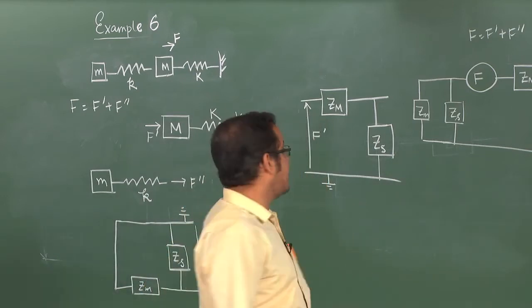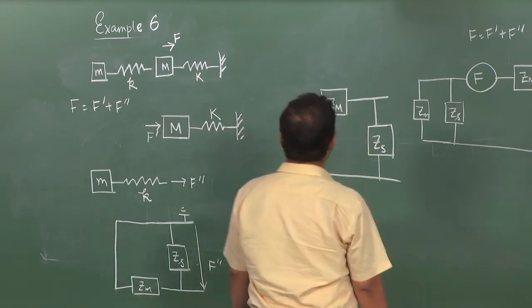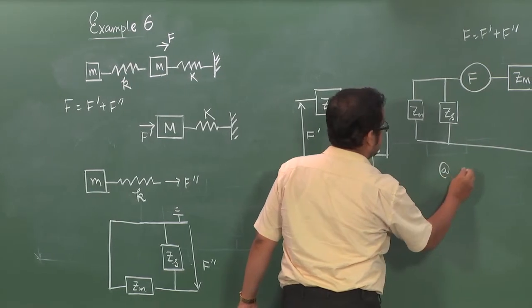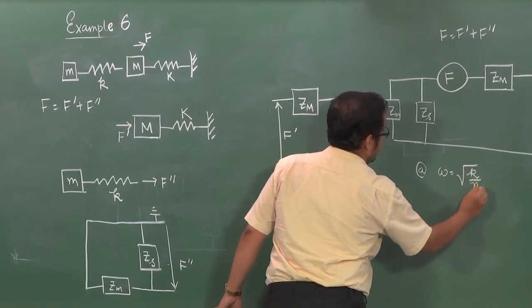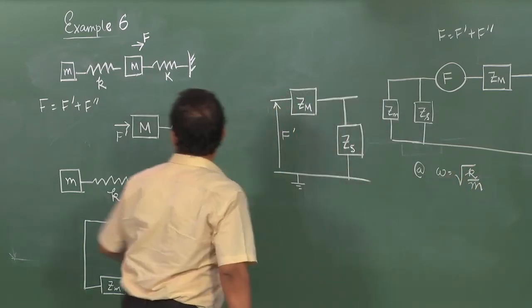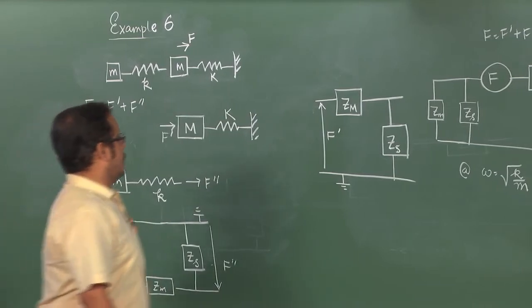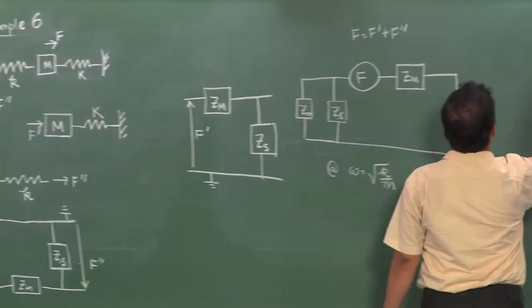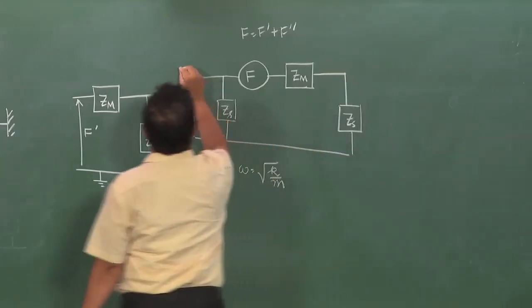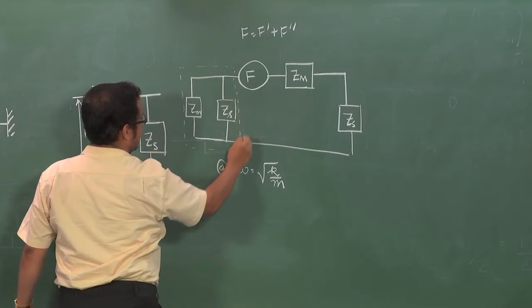Now, let us try to explain what happens at an excitation frequency equal to square root of k by small m, that is, at the resonance of this secondary spring mass system. Towards that end, let us try to find the equivalent impedance of this portion of the segment.